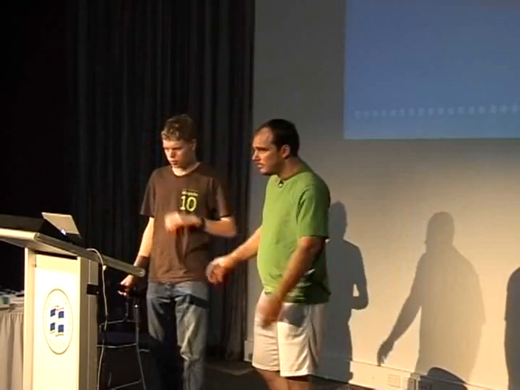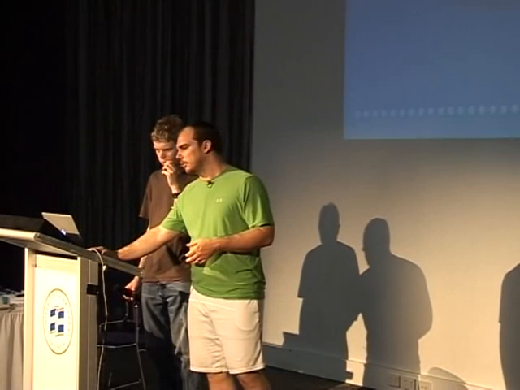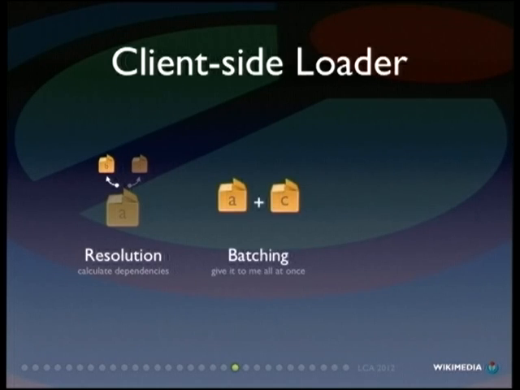So now that we have the startup module, there's another piece of software, if everything's OK, that's the first thing that it loads, which is the client-side loader and also jQuery as part of the initial package. And the client-side loader is responsible for resolving the dependencies. If there's anything that doesn't exist yet that needs to execute something, it just goes out and grabs that, and it can bundle those all together to try and reduce the number of requests there.